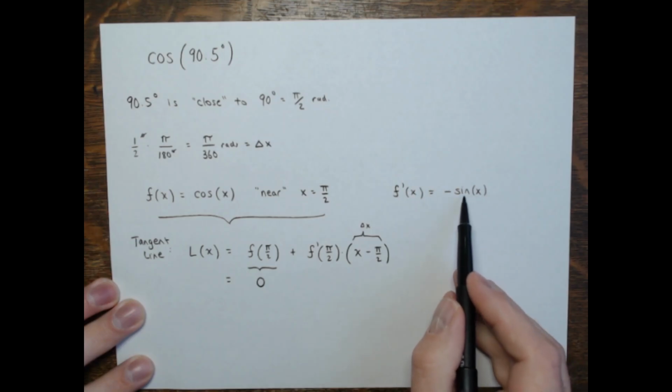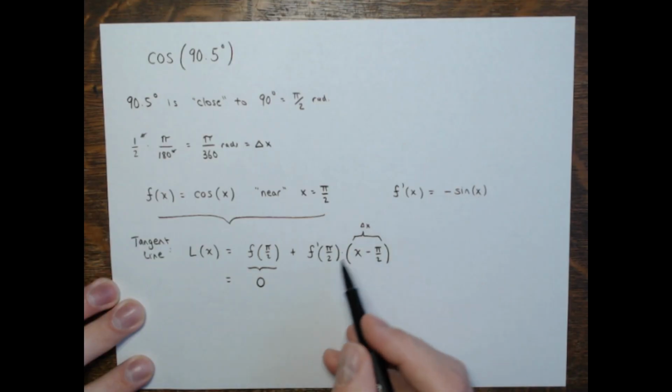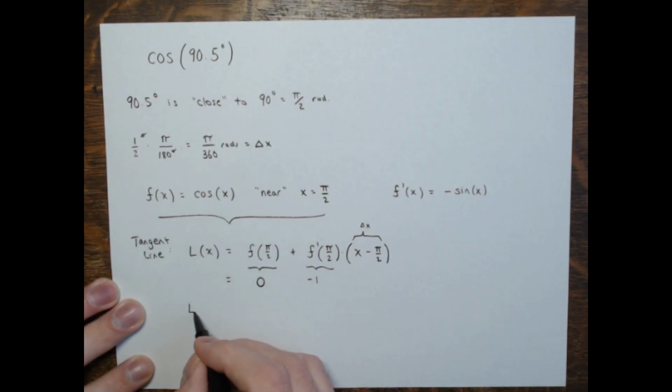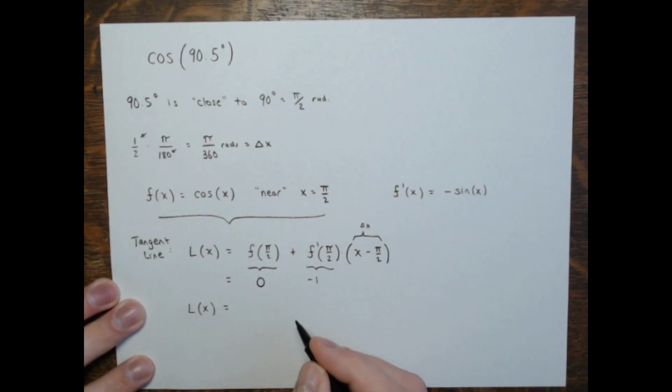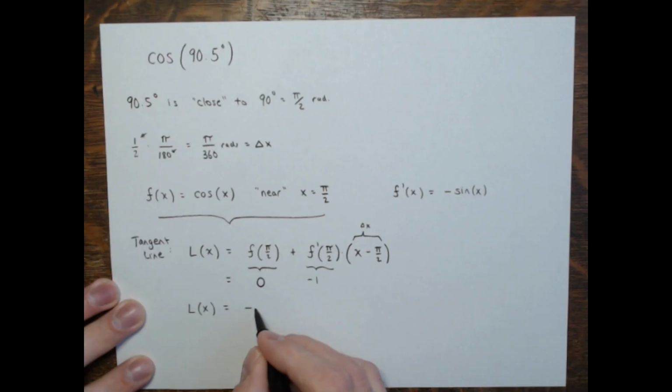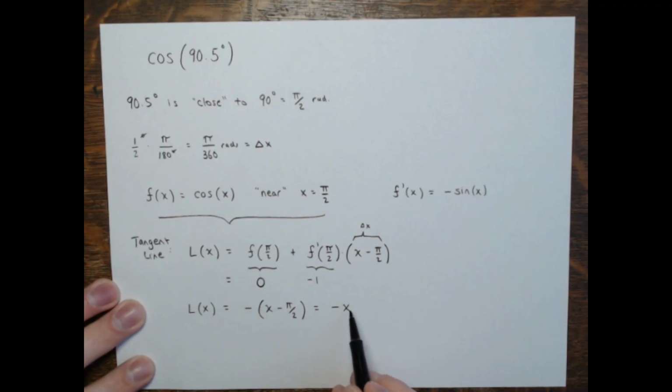And at pi over 2, remember the sine of pi over 2 was 1. So this is negative 1, this slope. So here's our tangent line at pi over 2 to this cosine function. The tangent line is simply 0 minus 1, so the opposite of x minus pi over 2. Now if you want to distribute the negative, you could, right? That's pretty easy with this one. It'd be the opposite of x, then plus pi over 2.